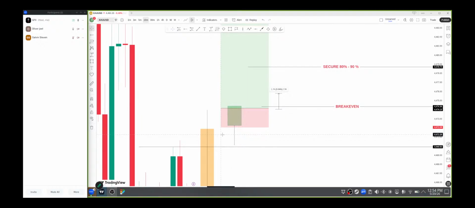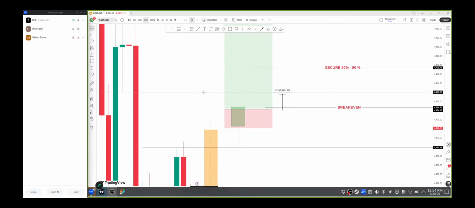So number one, get out 80 to 90, and then your stop loss goes to 50%, and then we'll let the trade go. If your stop loss is maybe 40 pips, you bring it to 20 pips, right? So at that point, even if you hit your stop loss, you only lose around maybe 0.10 or 0.12% because you've already closed 90% and you only have 0.10% running. So this is for the very quick entries, very quick candles.